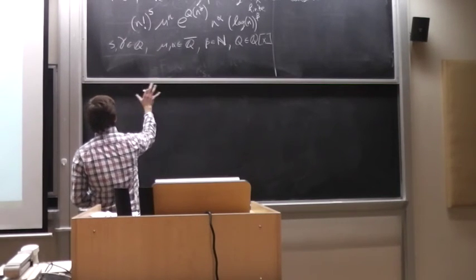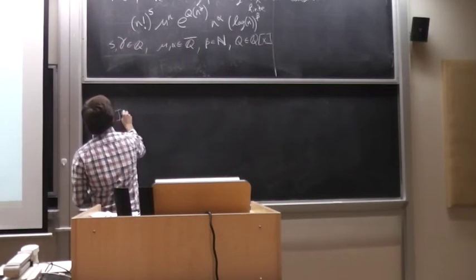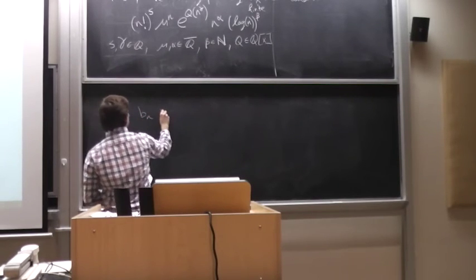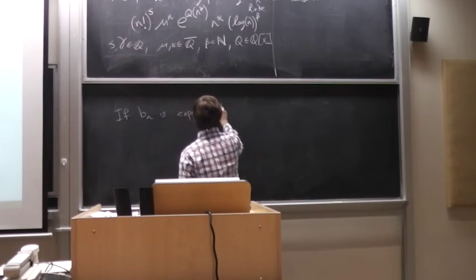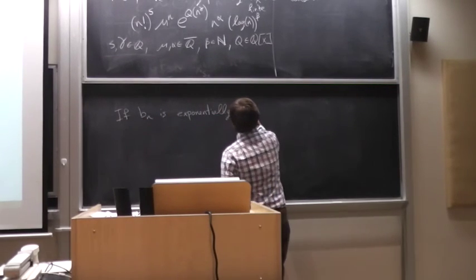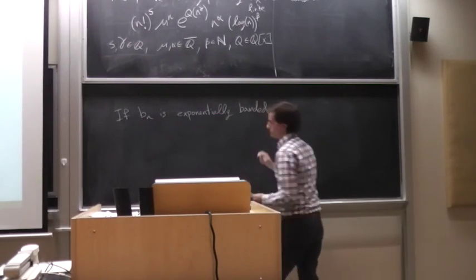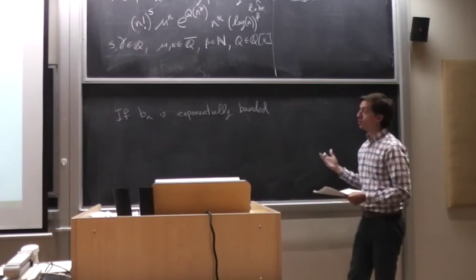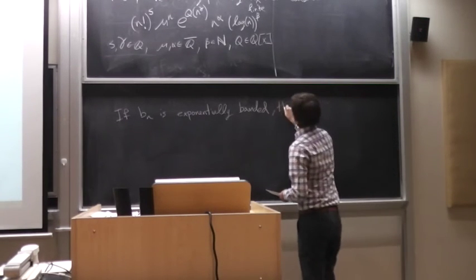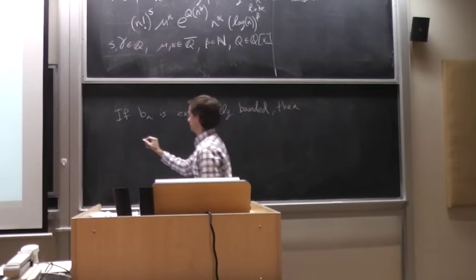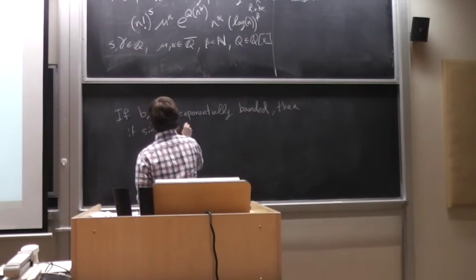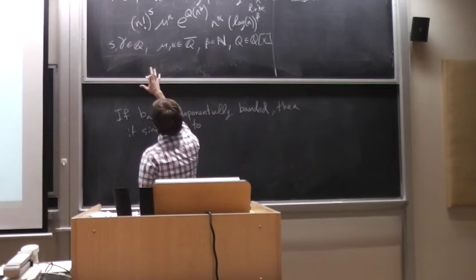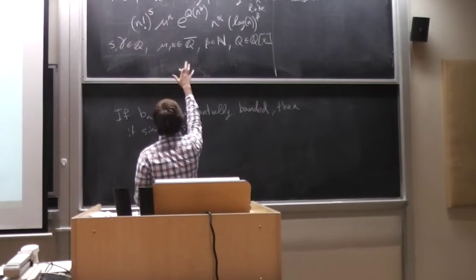There's another fact, a simplification here, which is that if your sequence B sub n is exponentially bounded, so it's bounded above by some mu to the n and you don't grow factorially, then it simplifies. We lose the n factorial term and we lose the e to the q term.